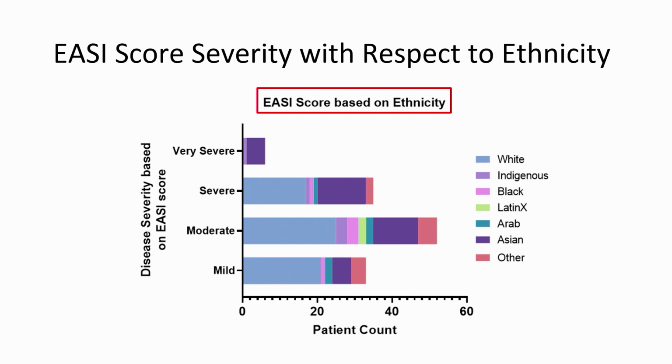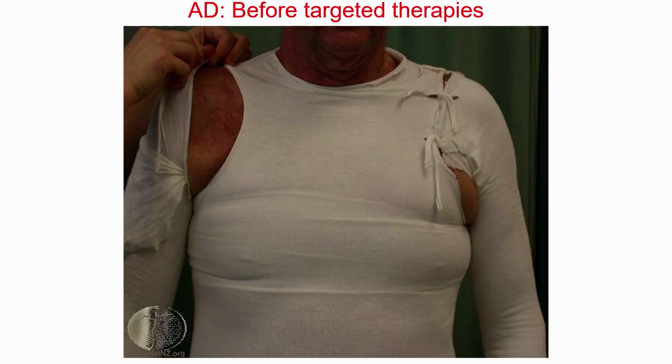We know in our center, we also see that many of our non-white patients actually present to the emergency room more often, and when they do come into our cohort, as you see here, if you look at the very severe and severe patients, there is an overrepresentation there of our Asian patients still.